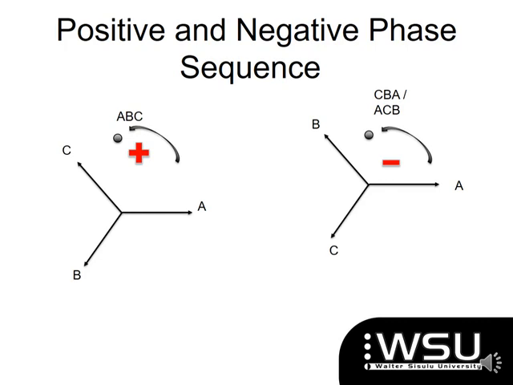Then on my right hand side, I have what I call a negative phase sequence, all right? So a negative phase sequence is now saying that it cannot follow an ABC through that dot, but it follows a CBA, sometimes named an ACB. It is actually the same thing, all right?